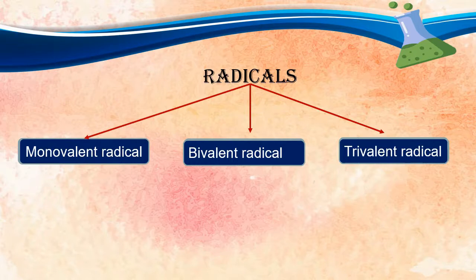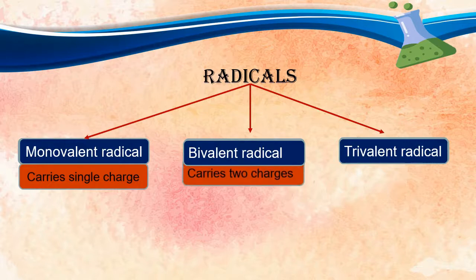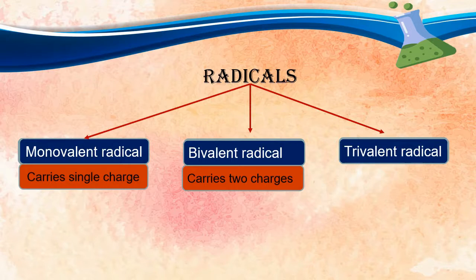Bivalent radical carries two charges. Tri means 3, so the radicals carrying 3 charges are called trivalent radicals. Let us see the examples now.